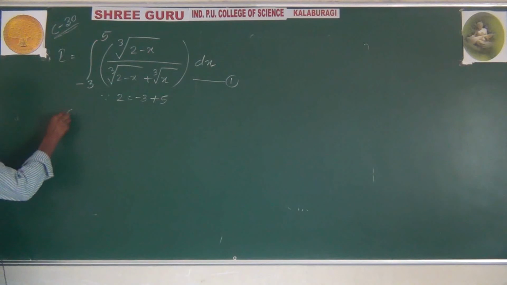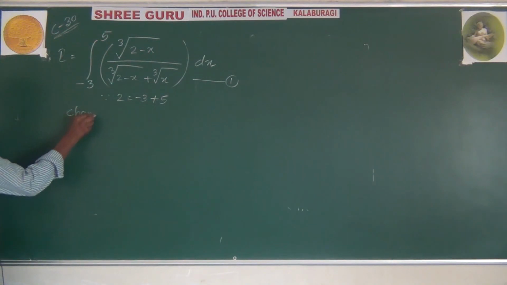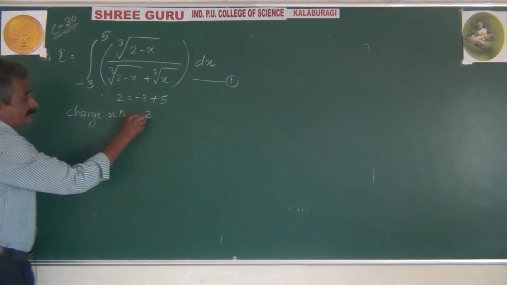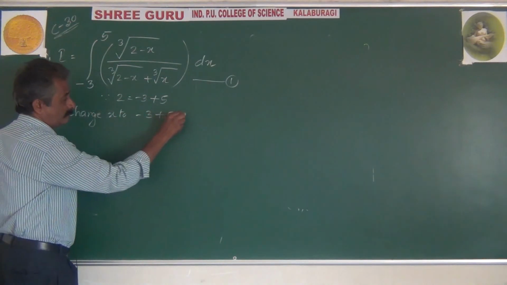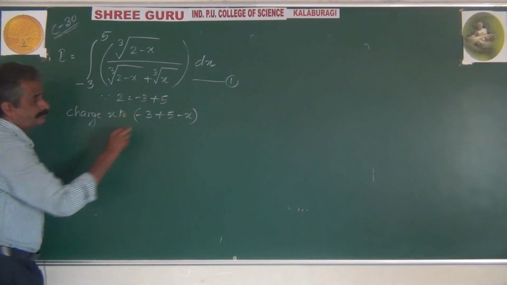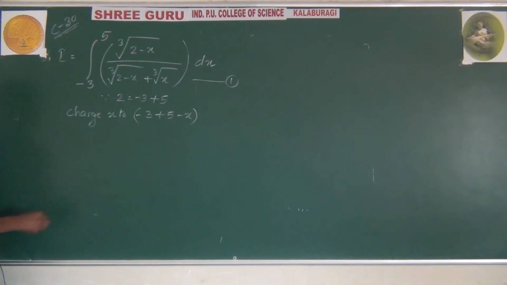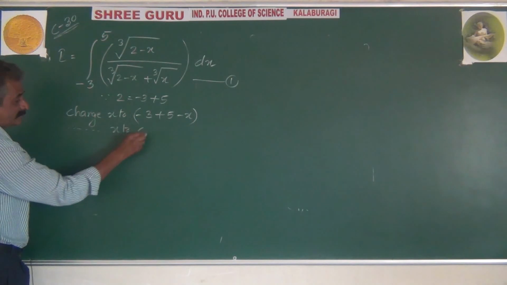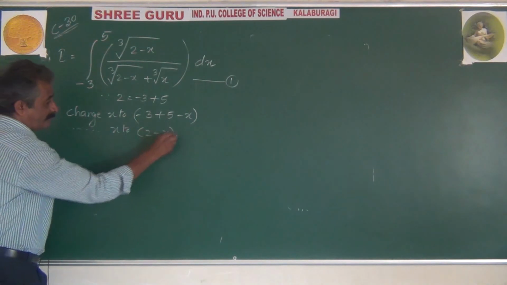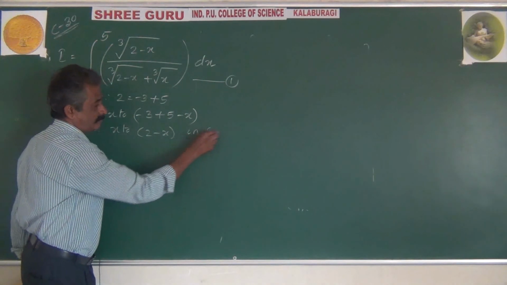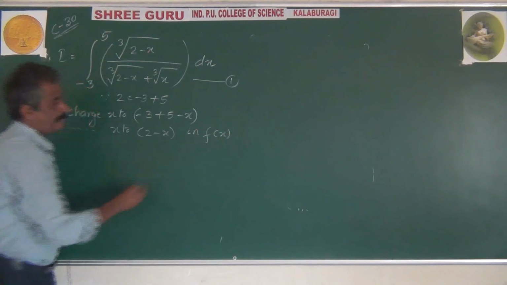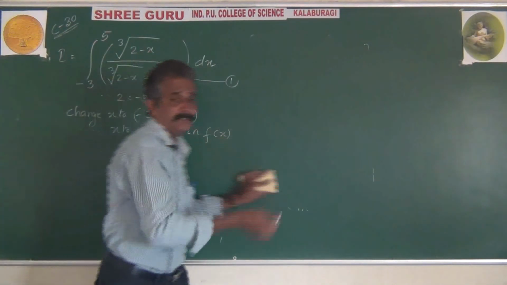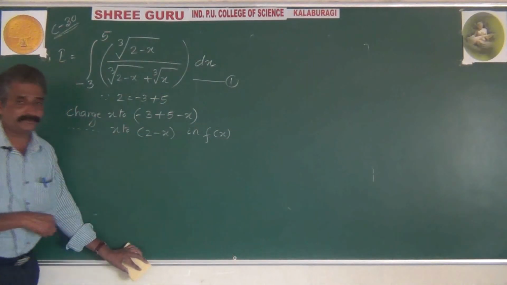So we shall change x to minus 3 plus 5 minus x. That means you change x to 2 minus x in f of x, and equally the same as changing 2 minus x to x.